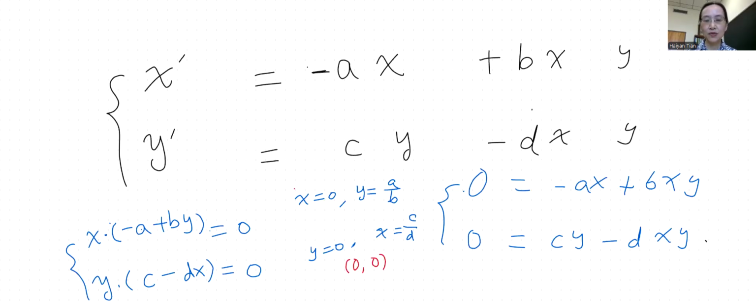Or when x is c over d, y is a over b, we can write this solution pair like this, because both x, y are constants. So the first value in this pair is the x value. The second value in this pair is the y value, just like 0, 0. So x, y. So we found two constant solutions.